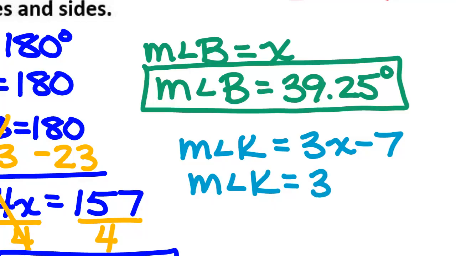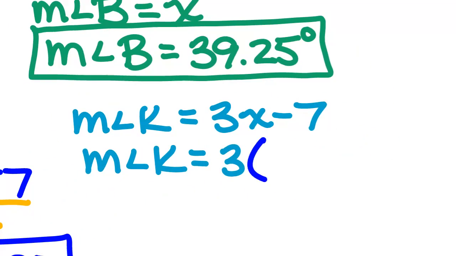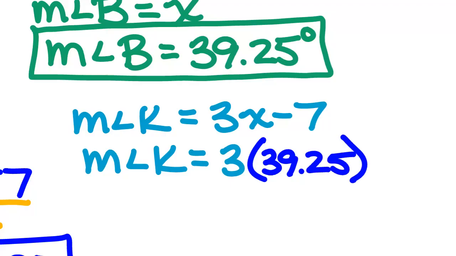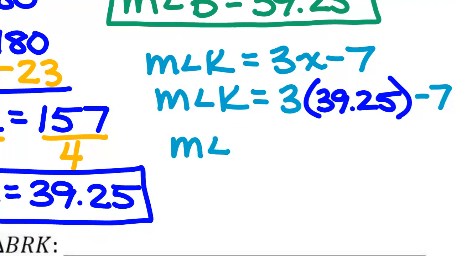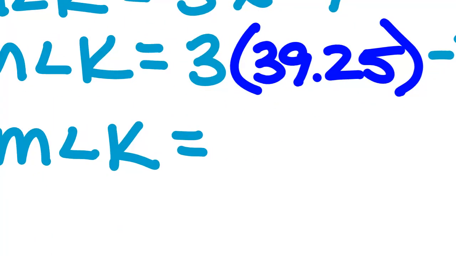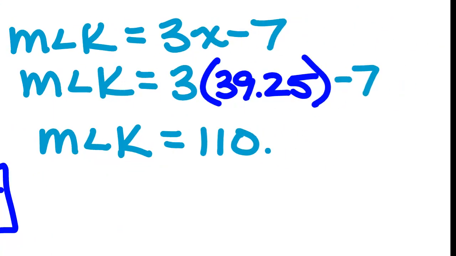So I would have 3 times 39.25 minus 7. What do you get if you put that into your calculator? 3 times 39.25 minus 7. 110.75 degrees.